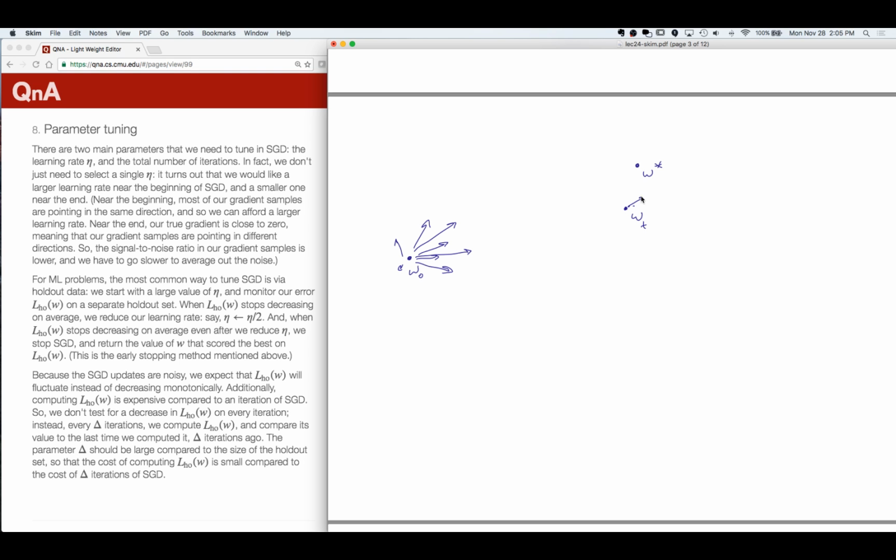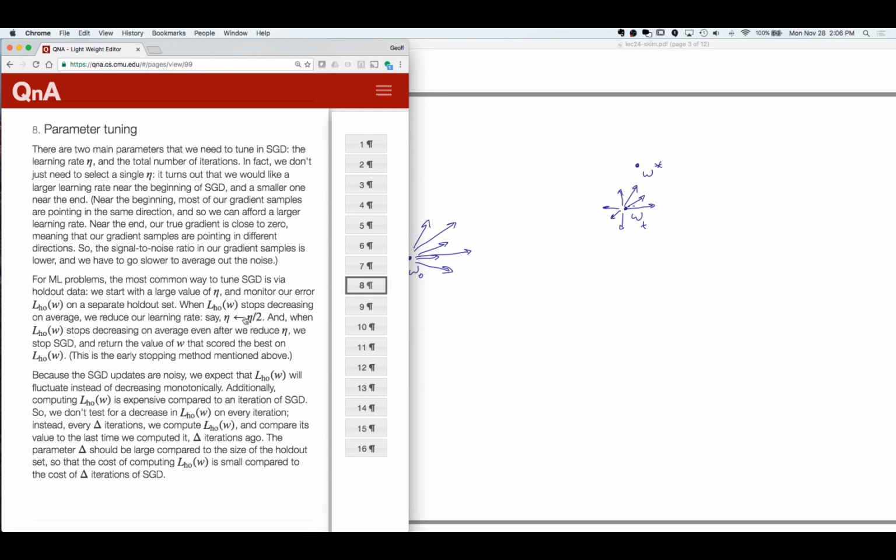And so we'll get gradients that point like that, in all different directions. And maybe we'll get a few more that are pointing towards W star. But it's going to be much noisier, and so we need a much smaller learning rate in this situation than we did in that situation.